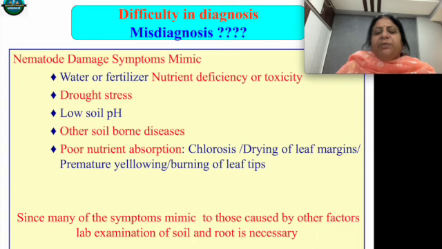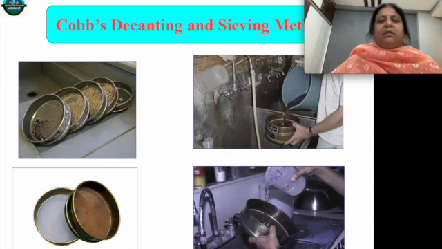Poor nutrient absorption symptoms like chlorosis, drying of leaf margins, premature yellowing, burning of leaf tips, these are all observed. So many times we may not suspect the nematode damage, we may suspect other reasons for the plant health issues.